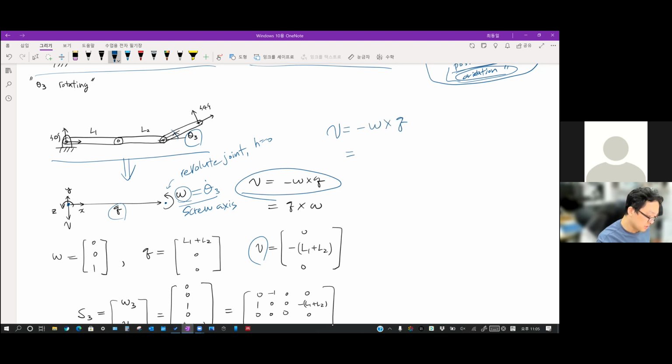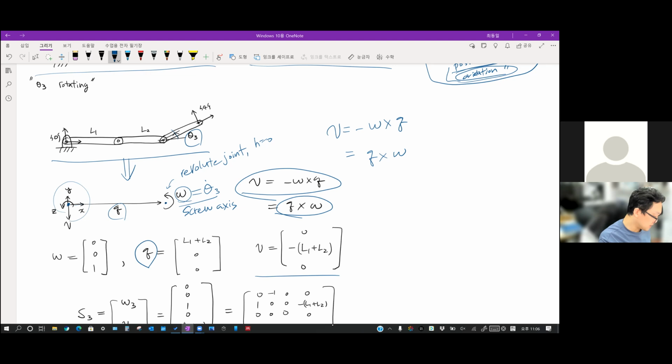And this can be minus, with the transpose, the position. The minus becomes plus, so Q cross omega. Using this equation, we can find V. This Q position vector is calculated based on the S frame.